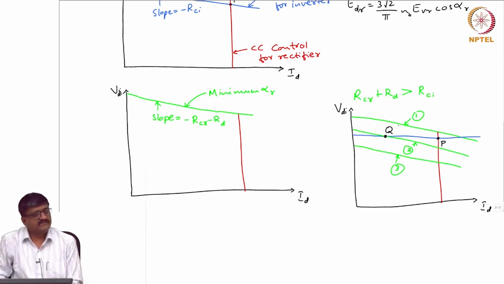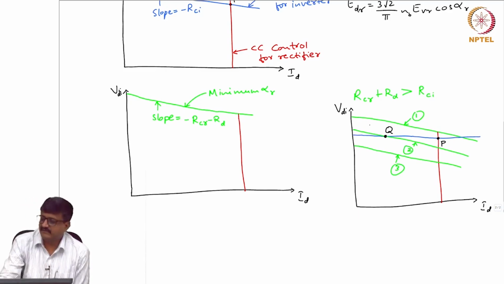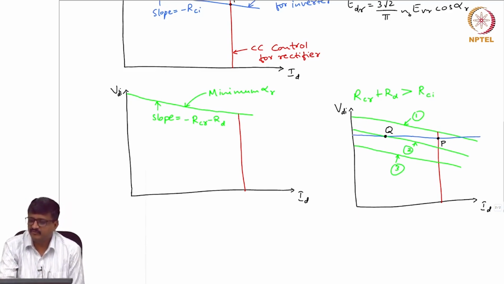Now, when the condition worsens to 3, then ID would have become 0. ID can't be negative, ID is 0. Even before this green curve 3, there is a curve slightly above which intersects the blue curve just on the VDI axis.